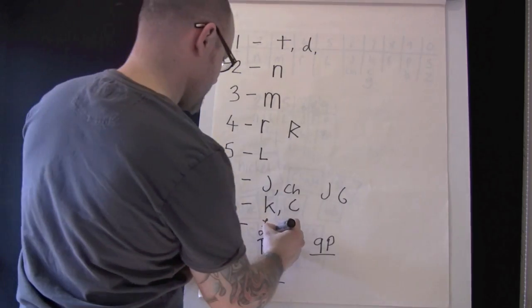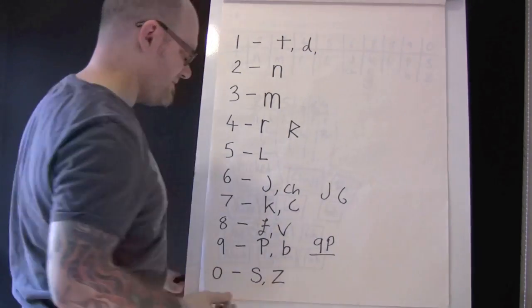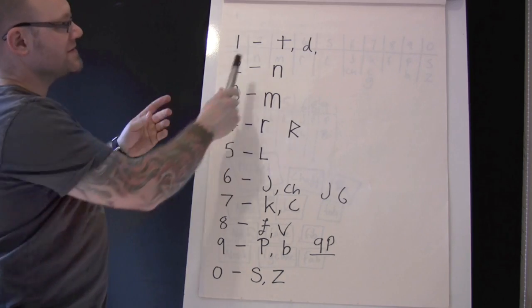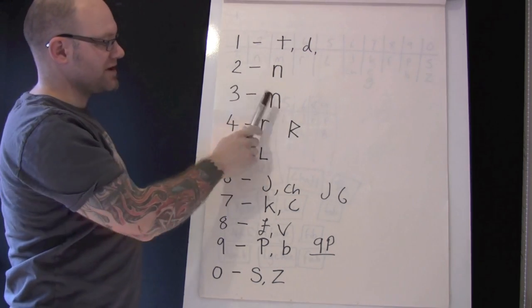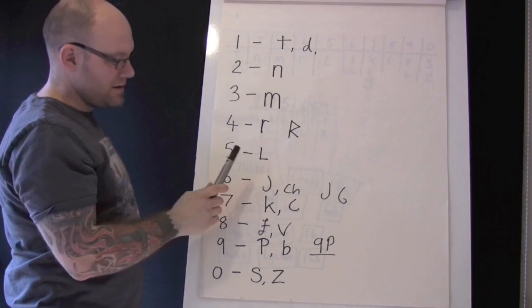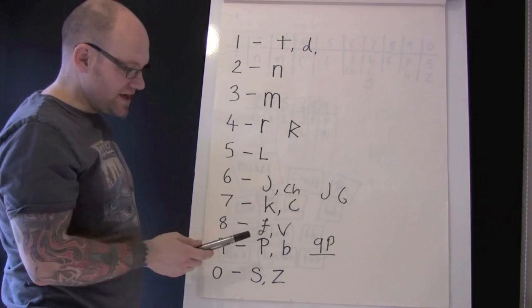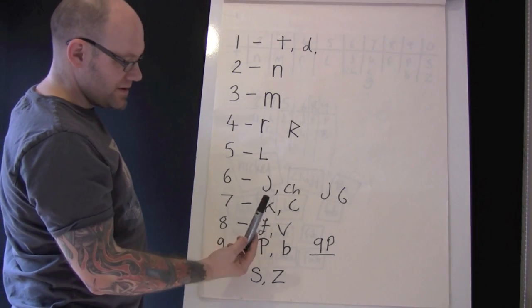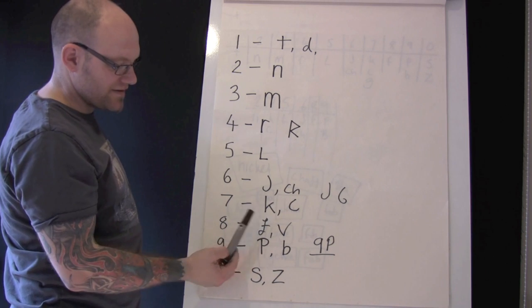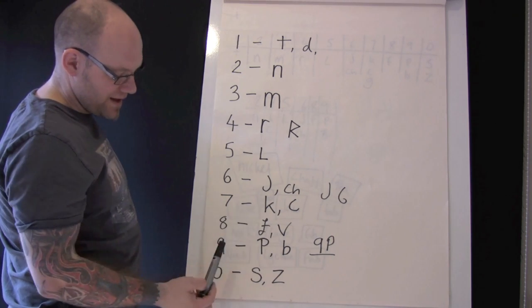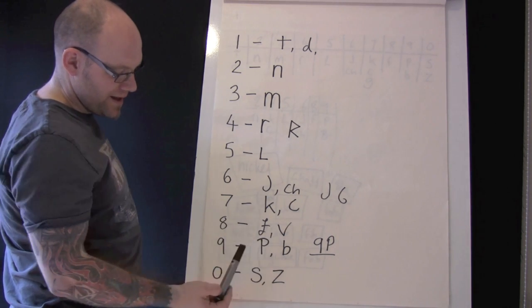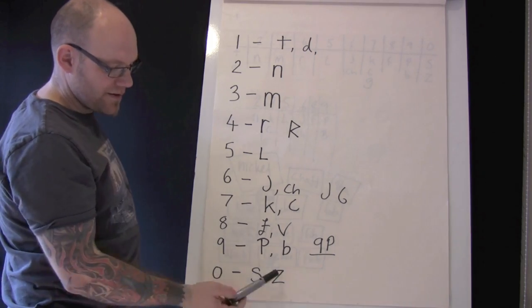I should have put in here V as well. So 1, T or D, 2, N, 3, M, 4, R, 5, L, 6, J, CH or soft G, 7, hard K, hard C, 8, F or V, 9, P or B, and 0, S or Z.